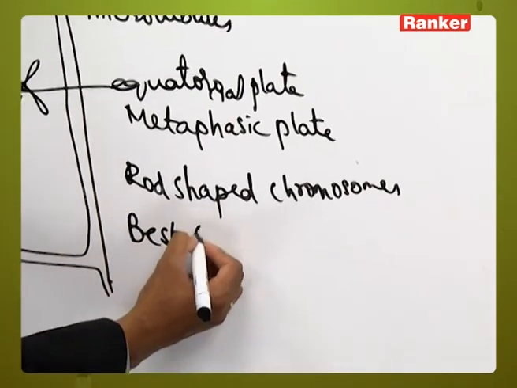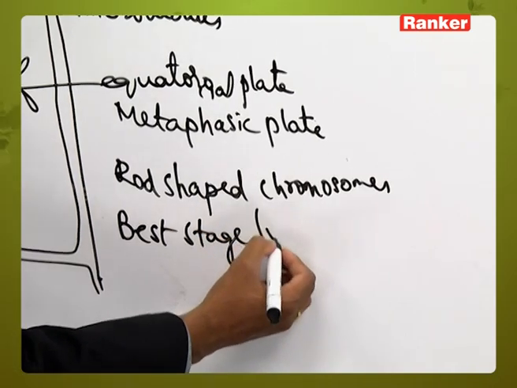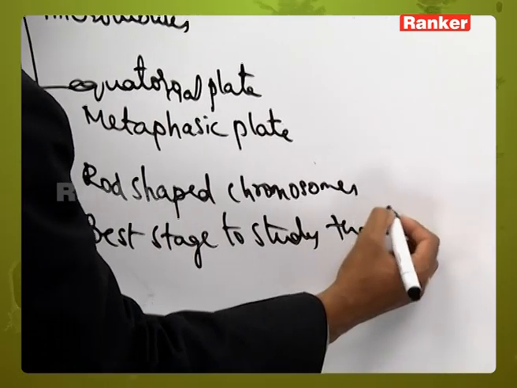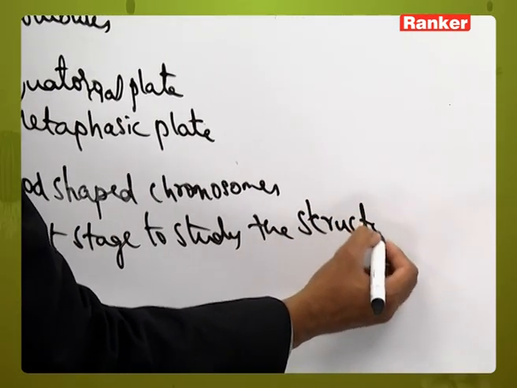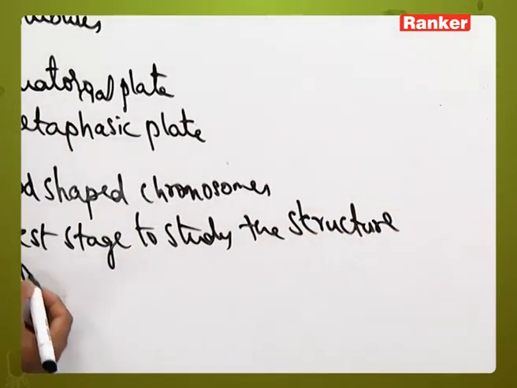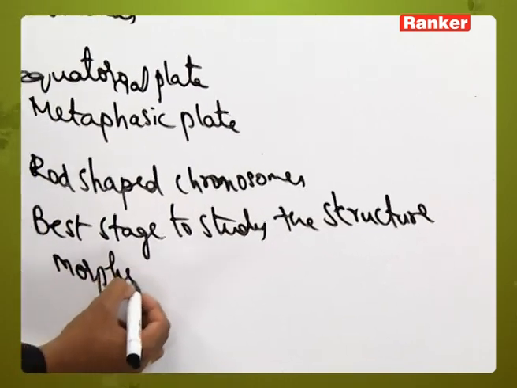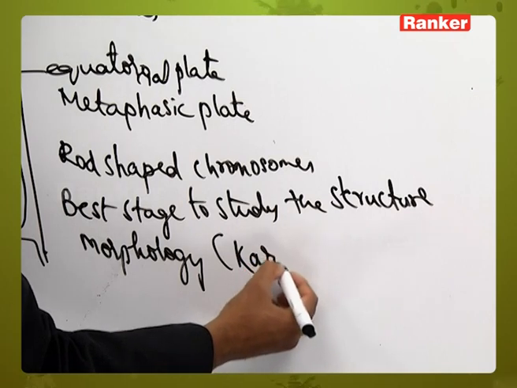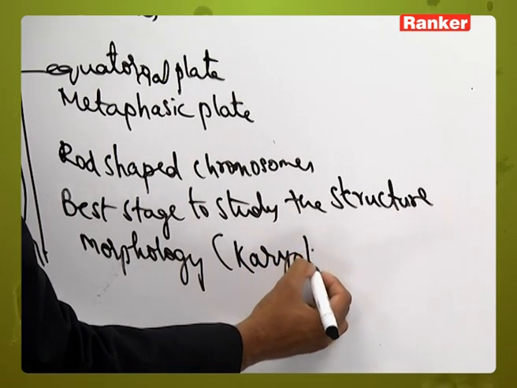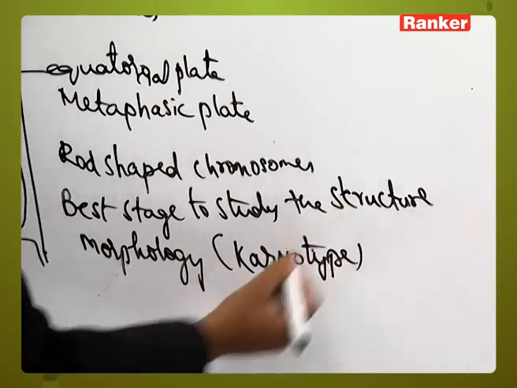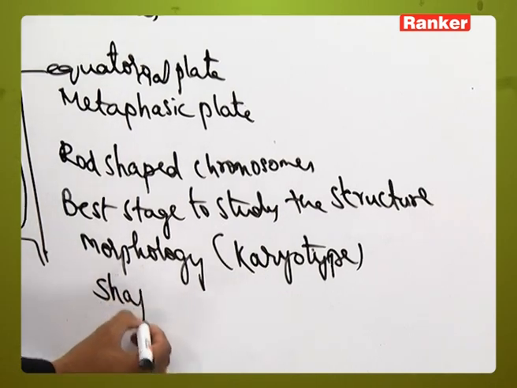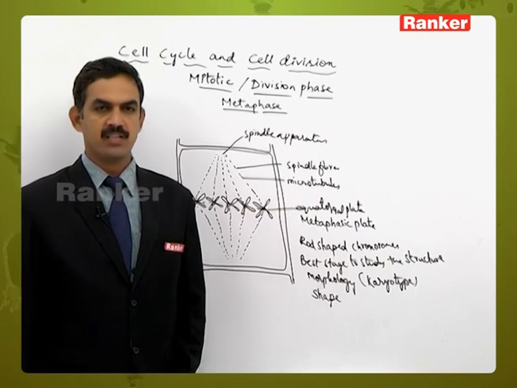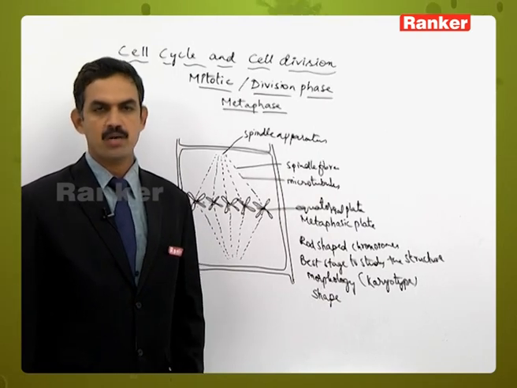The metaphase is the best stage to study the structural morphology and shape of the chromosomes, or it is better to say it is the best stage to study the karyotype of the chromosomes. So, these are the changes taking place during the metaphase of mitotic division.